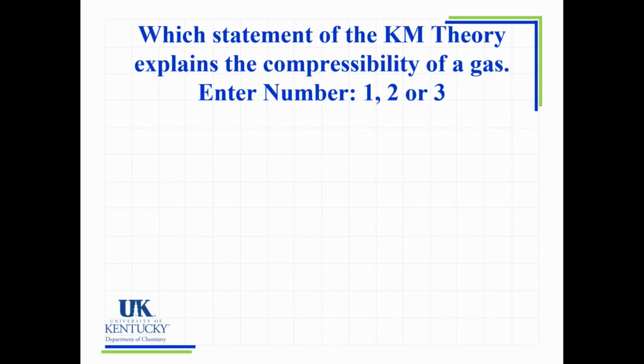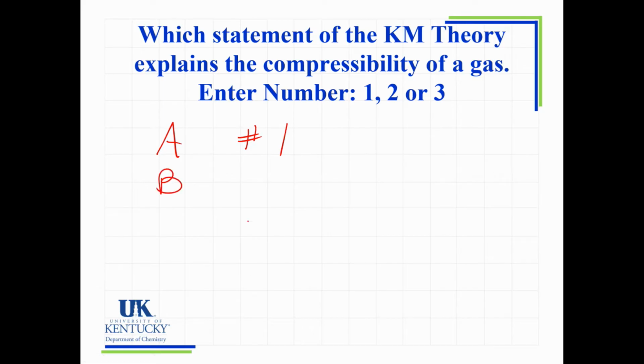Keeping those things in mind, which one of those statements, 1, 2, or 3, explains why gases are compressible? It says enter a number, but I want you to do this instead. I want you to enter A if it is statement number 1 that explains why they're compressible.